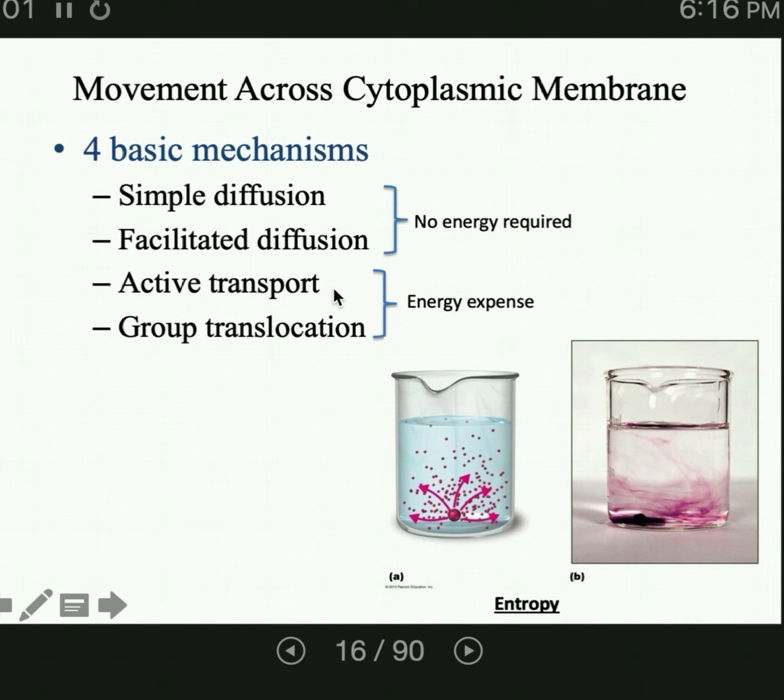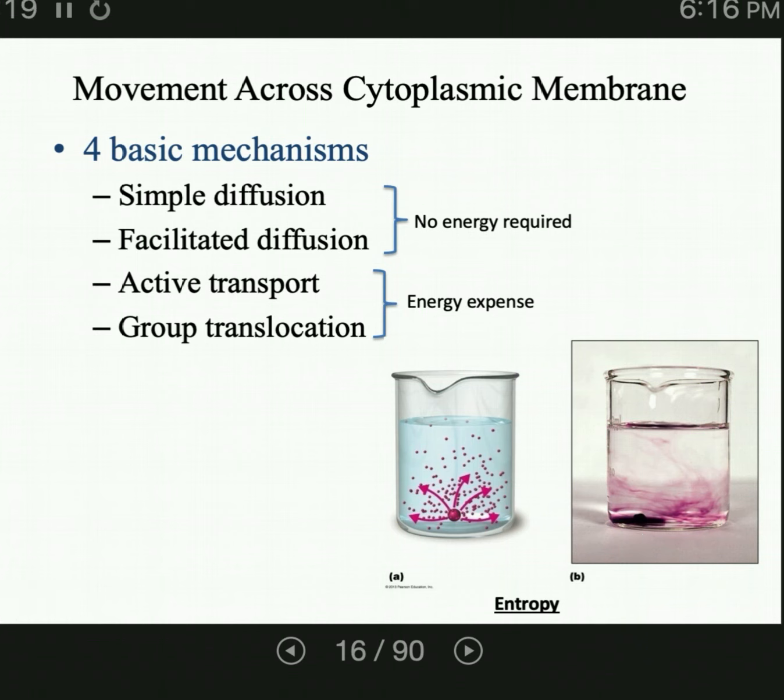So active transport is when you take molecules, that's when you have all the dye already spread out in the glass and you want to reconcentrate it down into a tiny little dye pellet or dye drop, right? That seems impossible, right? But there's situations where the cell has to do that.